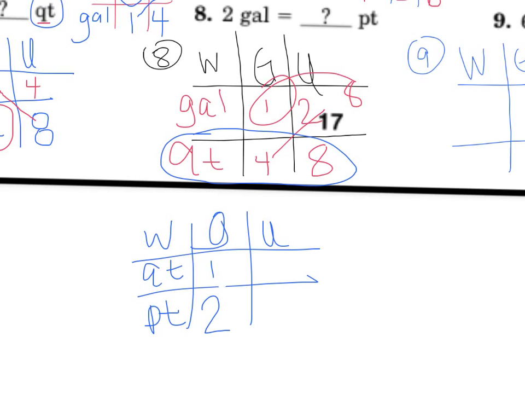Okay? And then I want 8 quarts. So 2 times 8 is 16, and 16 divided by 1 is 16.